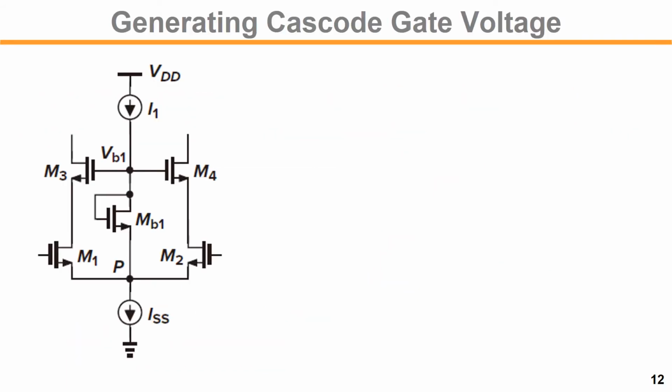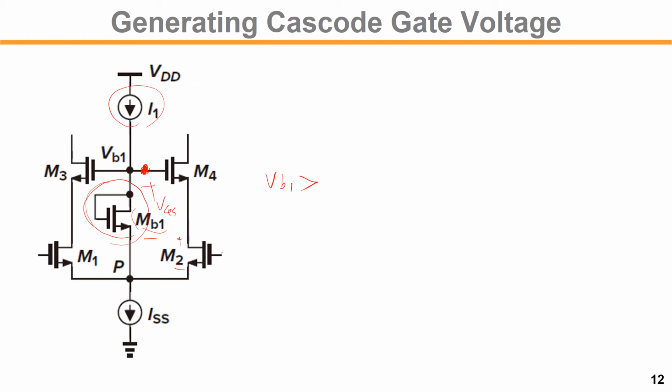For telescopic, there's a simple way to generate the VB cascode bias voltage by having a cascode diode connection with a certain current I1. We can generate the additional VGS of the MB1, so that we can generate the VB1 higher than, how much higher? VB1 must be greater than overdrive starting from what?